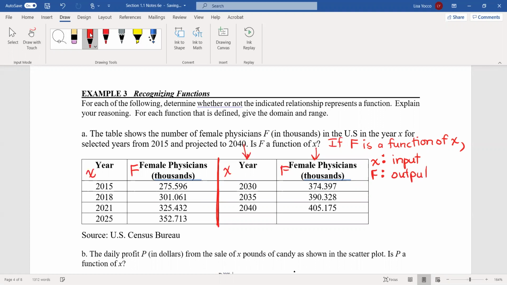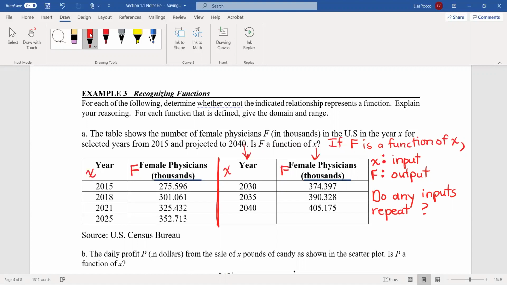And what was the informal way to decide if something is a function? Do any of the inputs repeat? Inputs being X, which is the year.